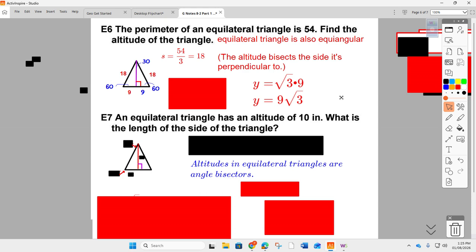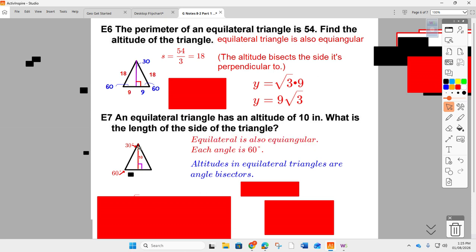All right, so this is another 30, 60, 90 degree triangle. They tell us now that the height of the altitude is 10. We know now this is two 30, 60, 90 triangles.